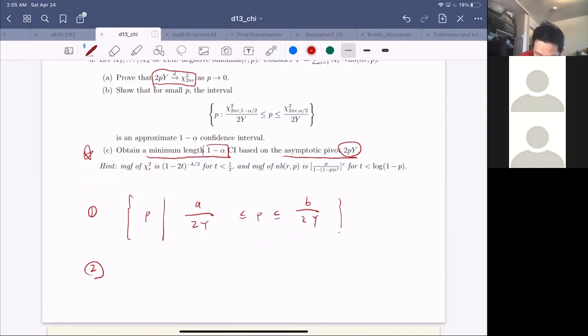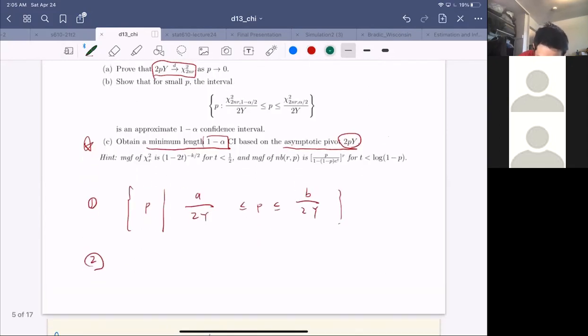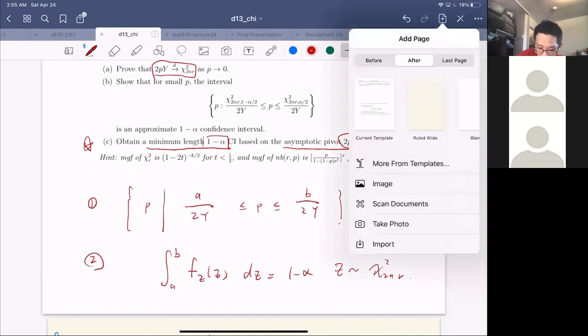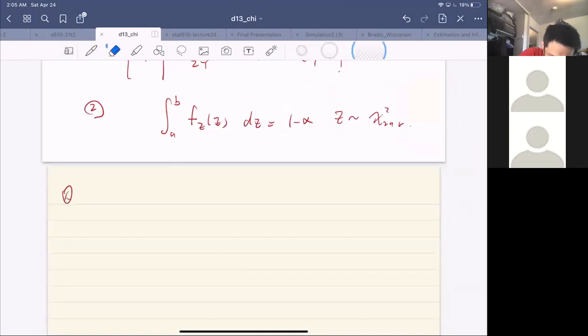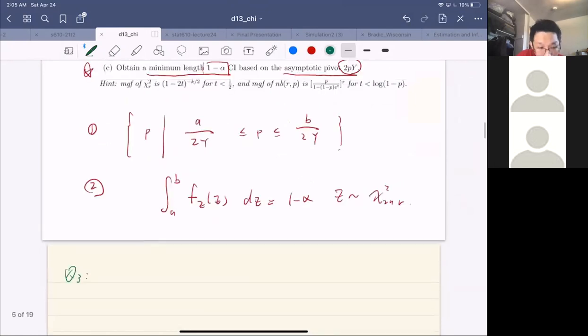So that means the integral from A to B is 1 minus alpha, and this is the distribution of the chi-square. So we have these two conditions. Okay, so it's Q3. And we want to find a minimum under these two conditions.